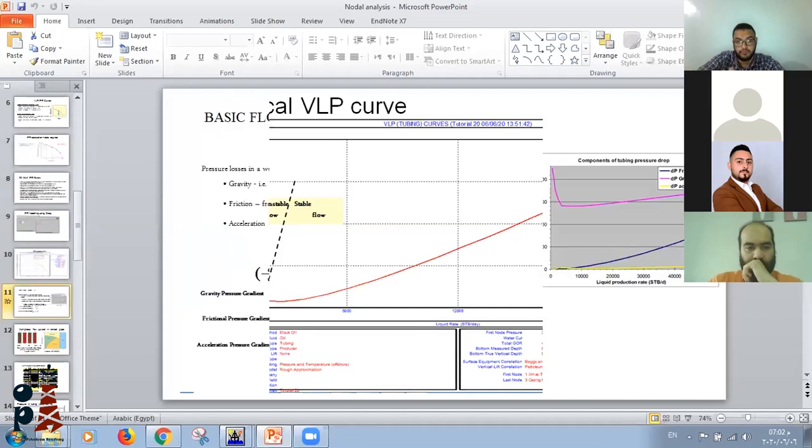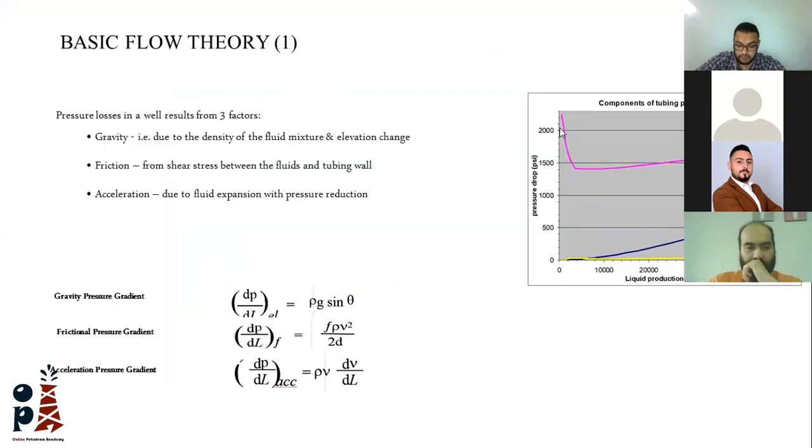At the beginning, the main factor is gravity, and I will explain it in an easier way. It's like you have oil and gas, or oil and water, and oil is moving fast, but it takes some droplets of water with it, and then they fall down again because the velocity is not high enough to carry the whole stream without any problem.